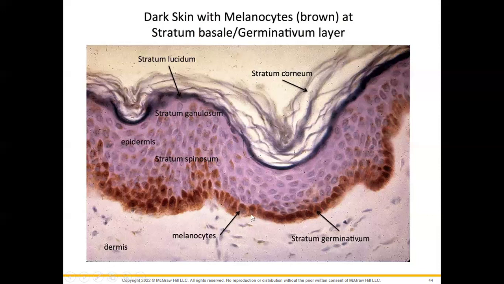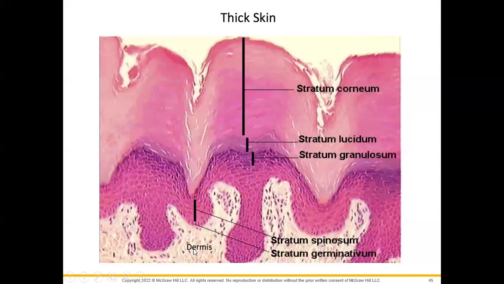Anyway, the stratum lucidum will be here if you have thick skin, and then the stratum corneum, the keratinized dead cells that create the surface of the skin. Excuse me, and deep to all of these structures, this is the dermis, and we know this is dermis because it looks very different from the epidermis. Same thing, so this is thick skin.